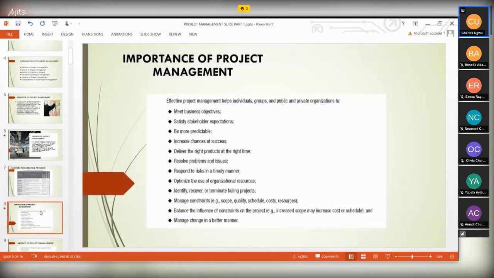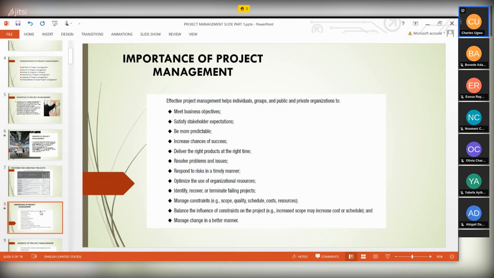At this point, we're going to look at the importance of project management. Effective project management helps individuals, groups, and public and private organizations to meet business objectives, satisfy stakeholder expectations, be more predictable, and increase chances of success.